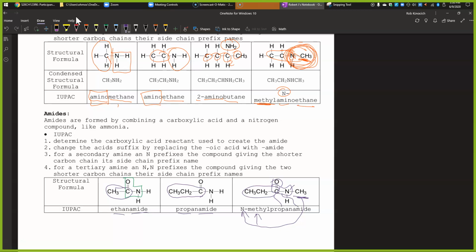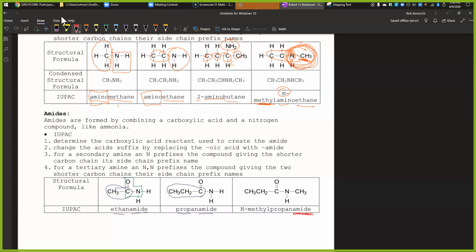I know these names look confusing, and some of them are not super easy to say, but every portion of the name tells you something about the molecule's shape. So if I'm looking at this and I don't have a structure, I'm going to know there's a nitrogen present.